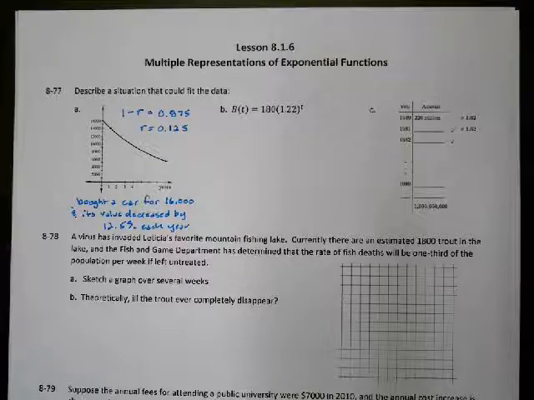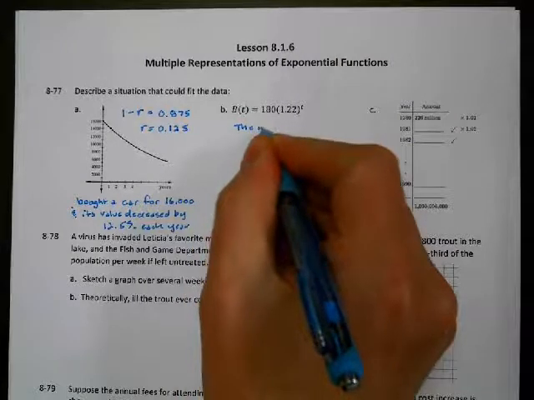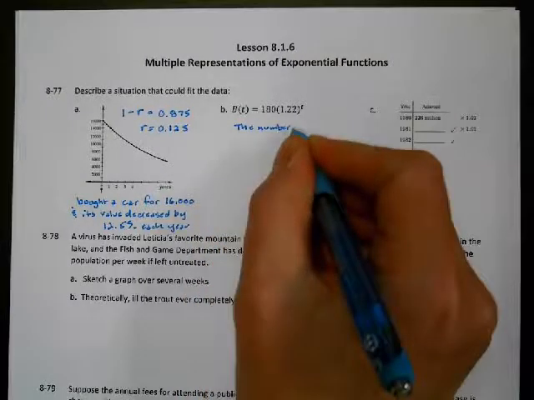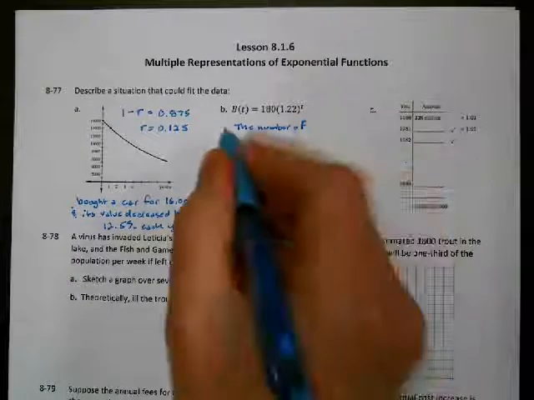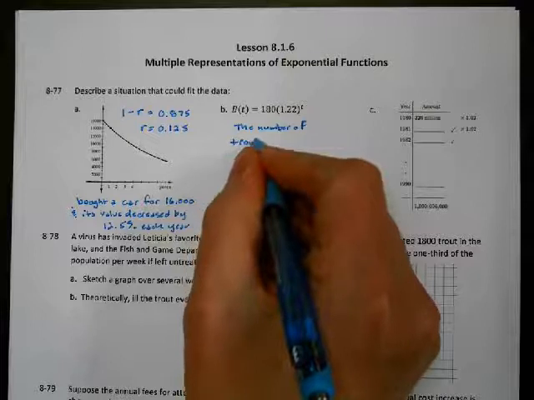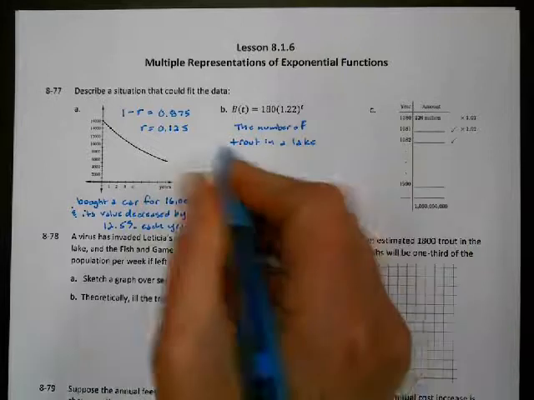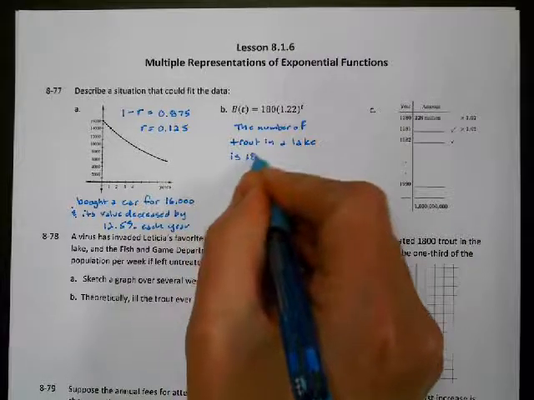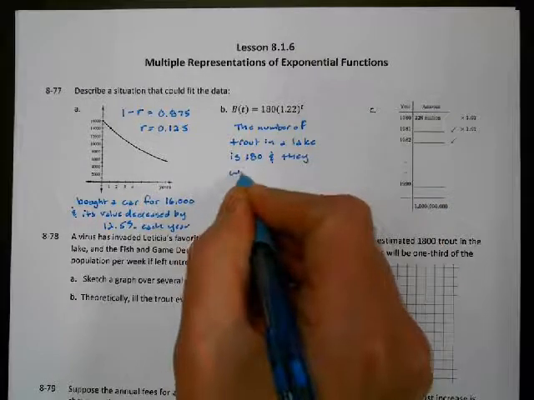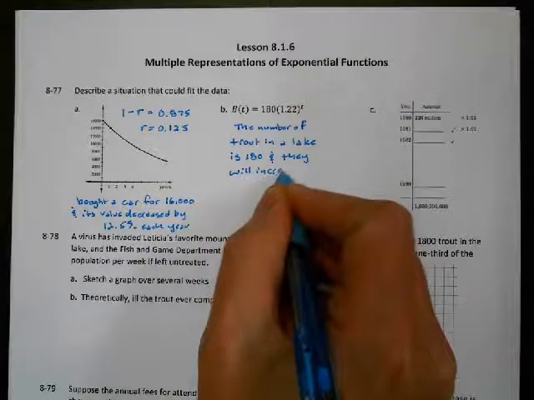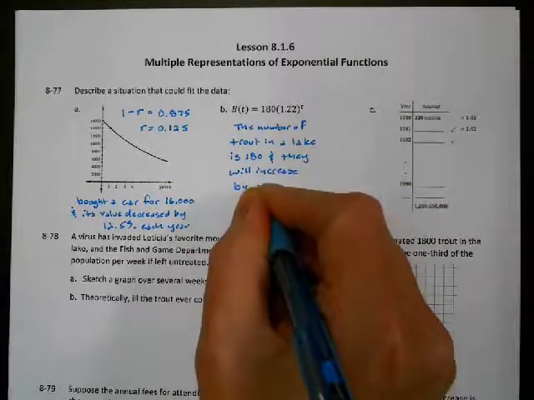Let's say that the number of, let's say, trout in a lake is 180, and they will increase by 22% each year.